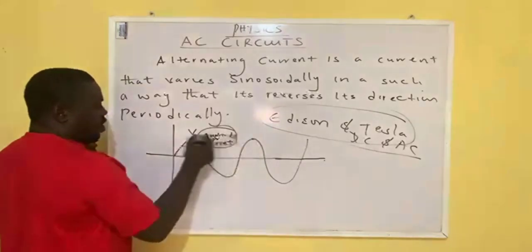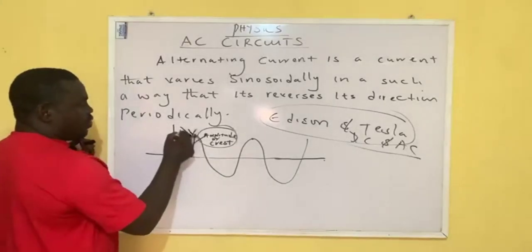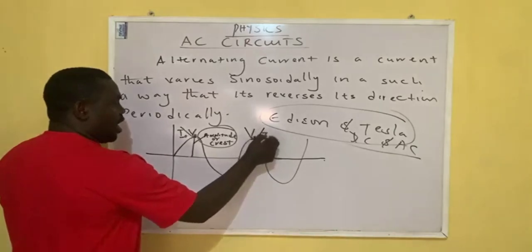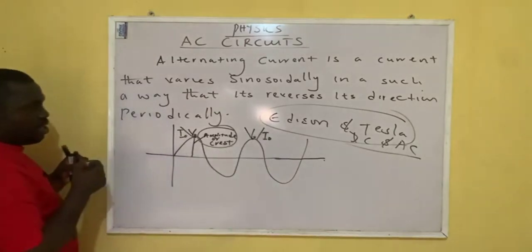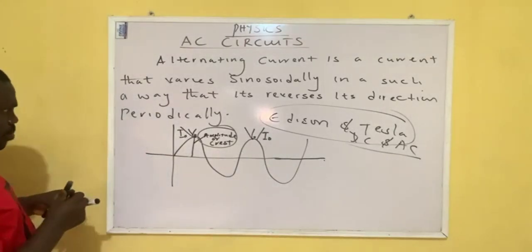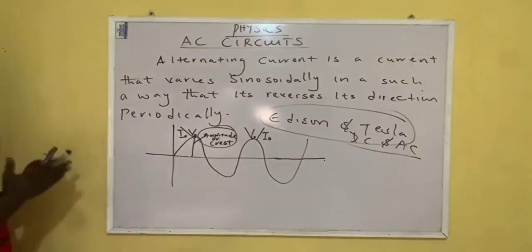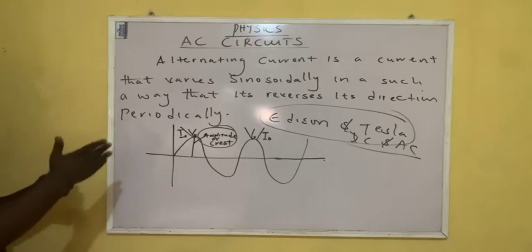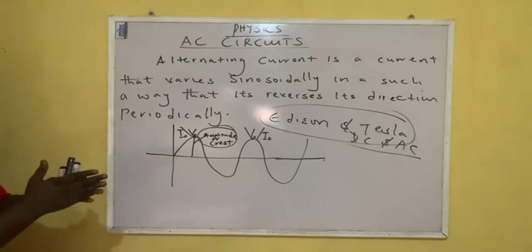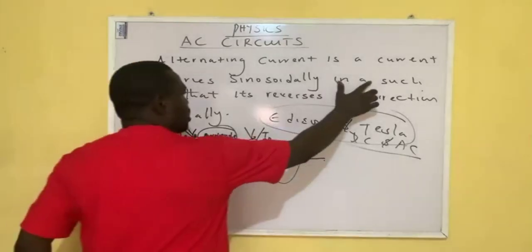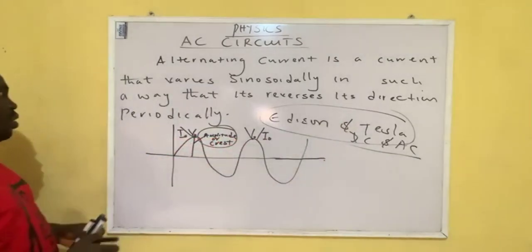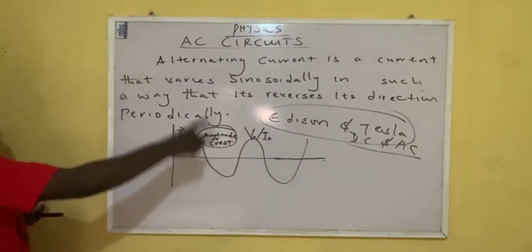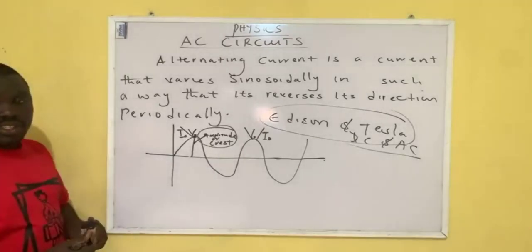Let me just use here either V naught or I naught. You understand what that means? So what does that imply? I just told you that alternating current is a current that varies sinusoidally in such a way that it reverses its direction periodically. You could see what is going on, unlike your direct current.